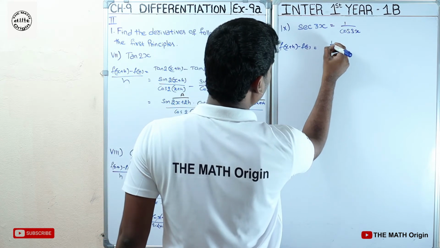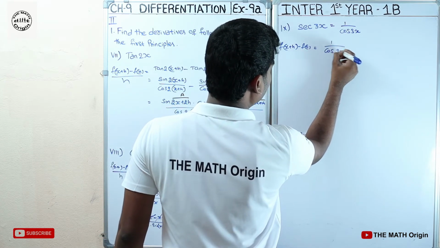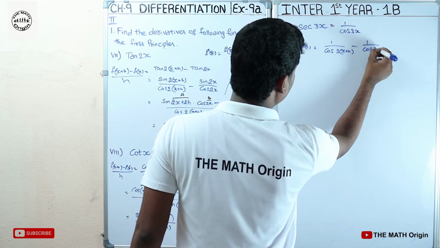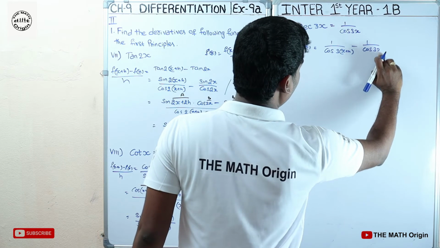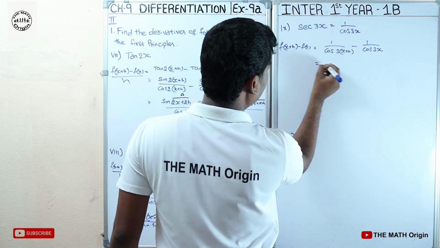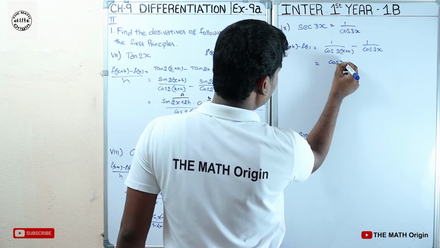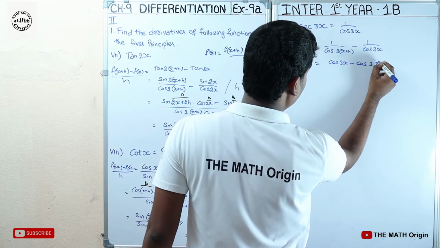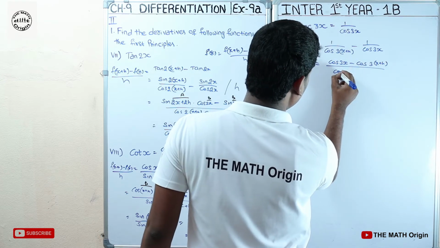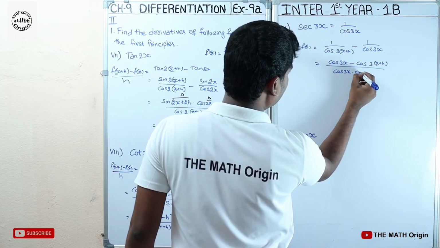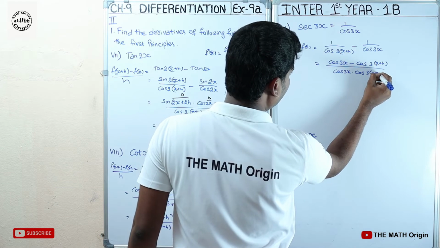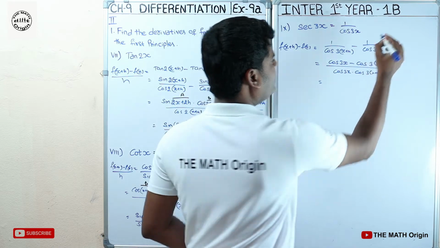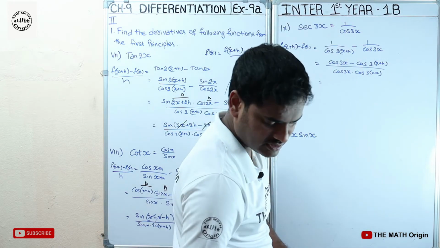Therefore, that is equal to 1 by cos 3 of x plus h minus 1 by cos 3x, which equals cos 3x minus cos 3 of x plus h by cos 3x into cos 3 of x plus h. Now if you see here, we have a formula for cos c minus cos d. Let's write it in the black pen.